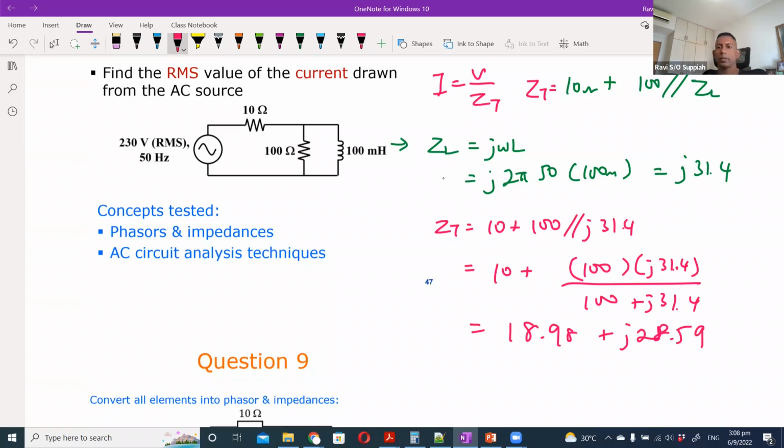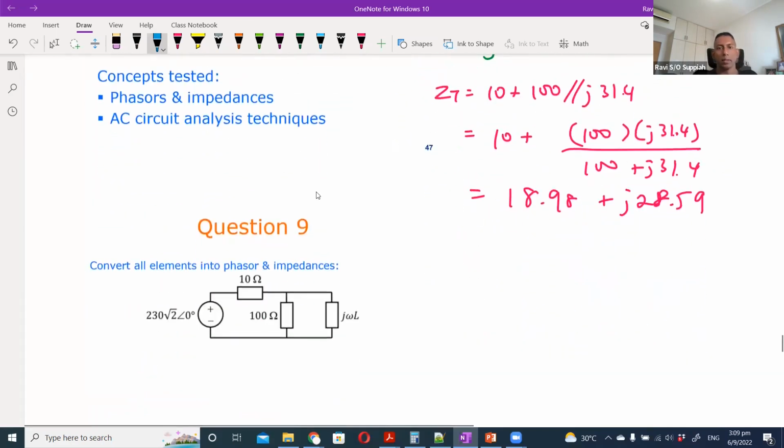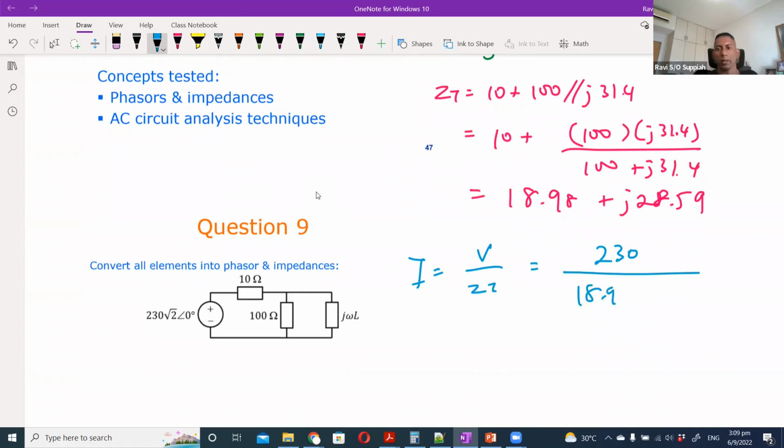So that is the expression for ZT, and then putting it back into this expression, you will get I equals V by ZT, which will be 230 over 18.98 plus j28.59.